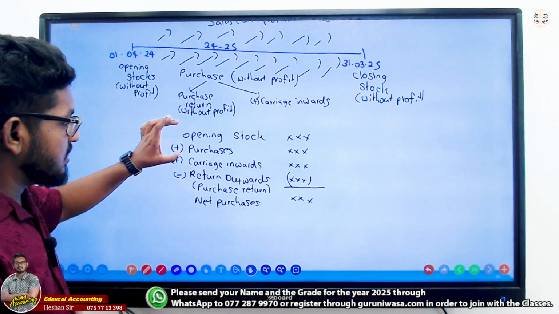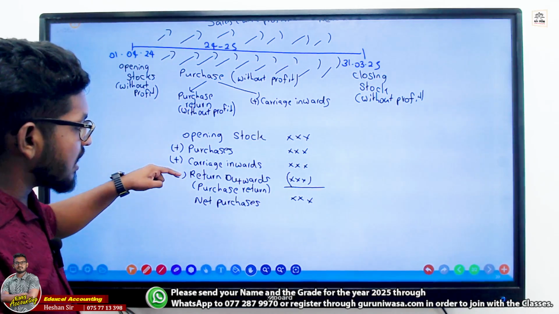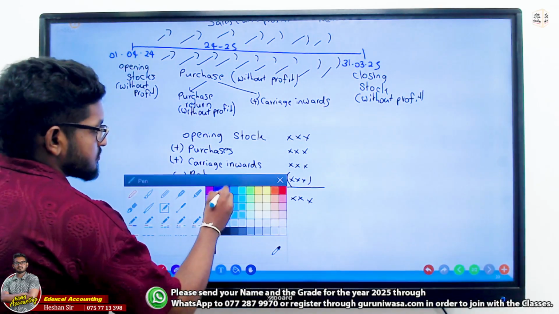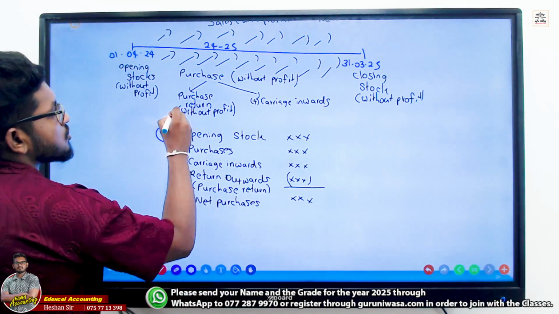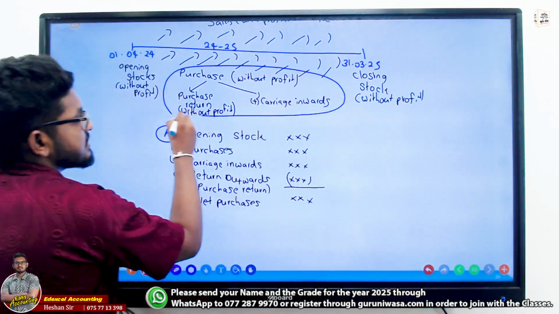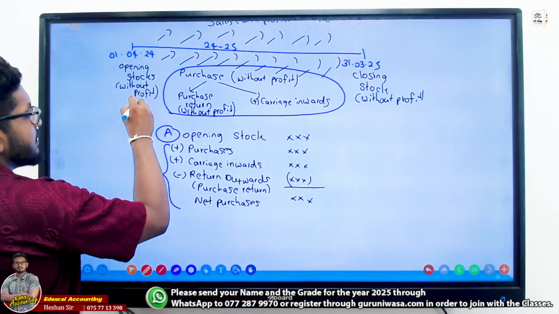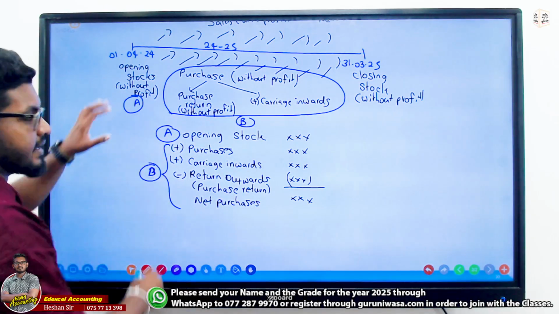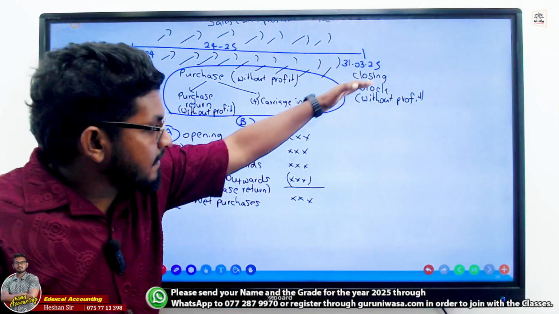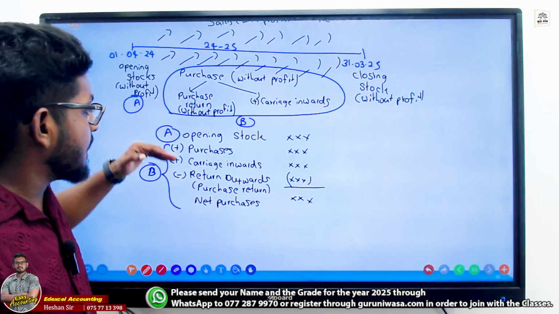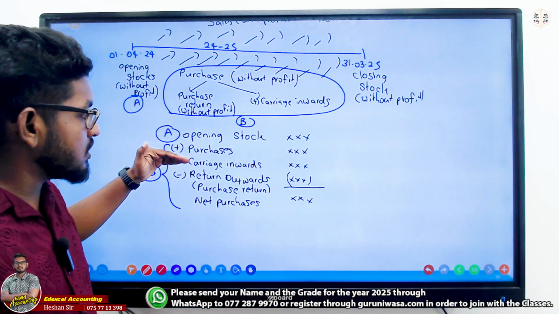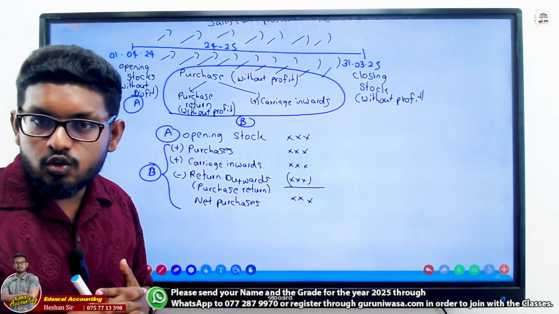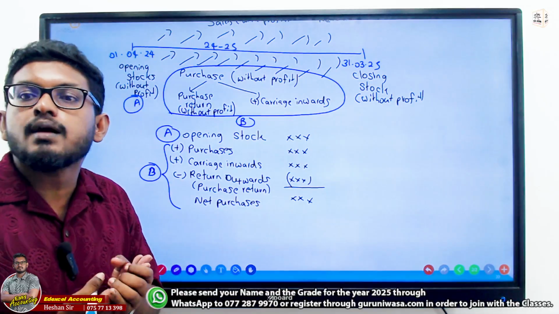From that we deduct the return outwards. Then we take the net purchases. This is the opening stock, this is the purchases. If this is A, this is B. This is the stock at the beginning of the year, and this is the stock bought during the year. To get the purchases, we add the carriage cost and deduct the returns. Understand? That is how we get the cost of the goods bought.